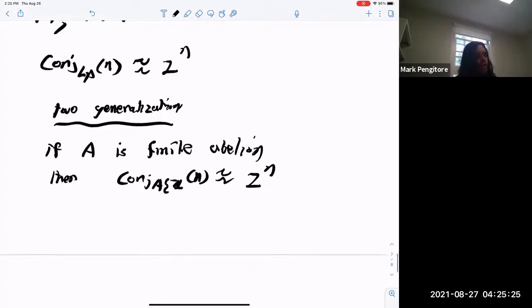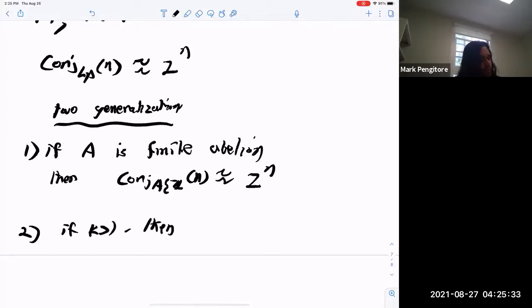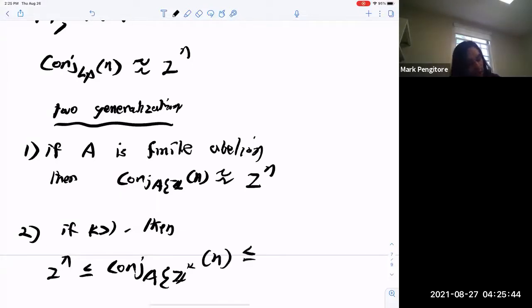And in the other direction, generalization 2: if k is greater than 1, then 2 to the n grows slower than conj of A wreath Z^k, which grows slower than 2 to the n to the 2k.